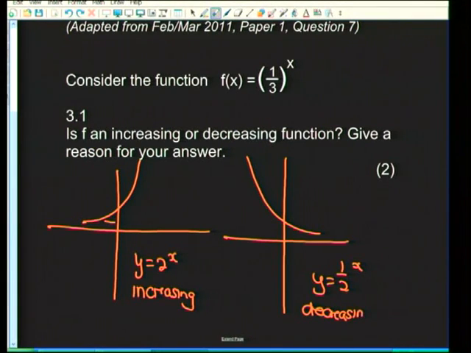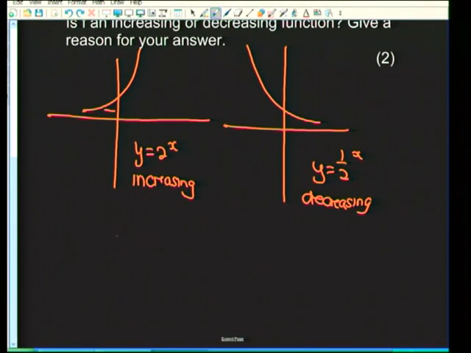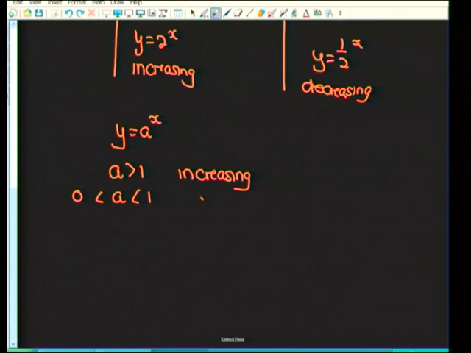Now, we can just learn the fact that if we have a graph y equals a to the x, and a is greater than 1, it is increasing. And if a lies between 0 and 1, it is decreasing. So what do we know?